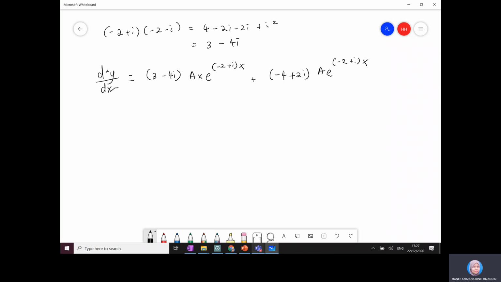Then what we do next is to substitute in our original ODE. So our original ODE is d2y dx squared plus 4 dy dx plus 5y equals e to the negative 2x cos x. So just put everything. This term is d2y dx squared, so just put that.